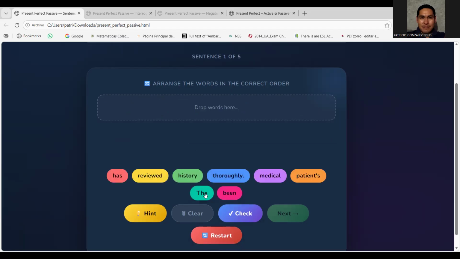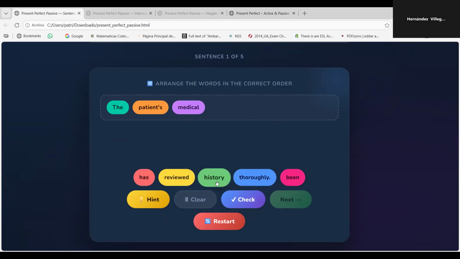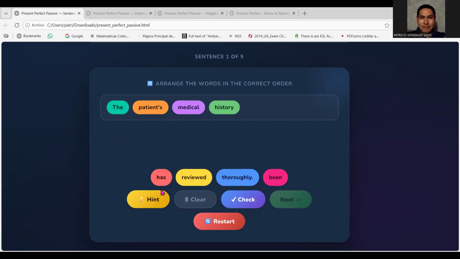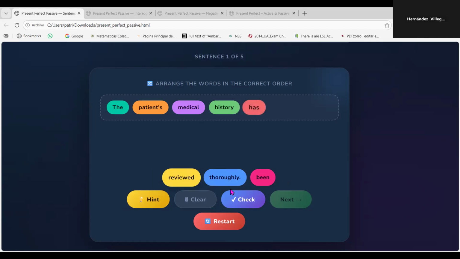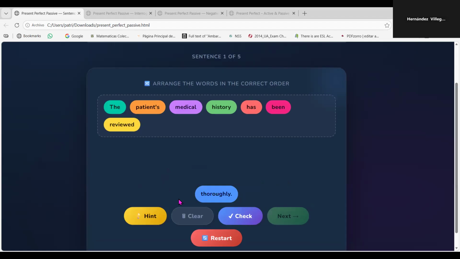We say the patient's medical history has been reviewed thoroughly.